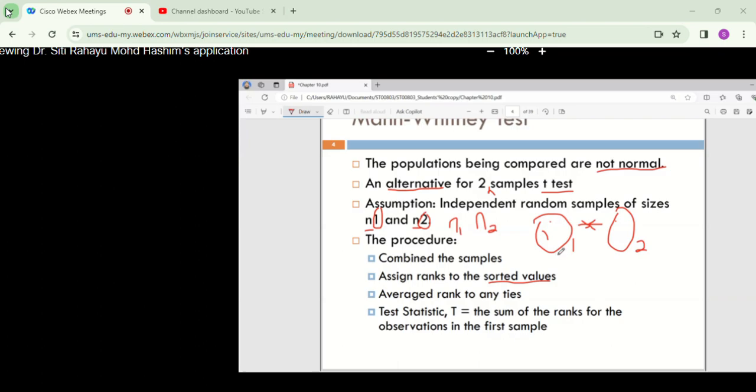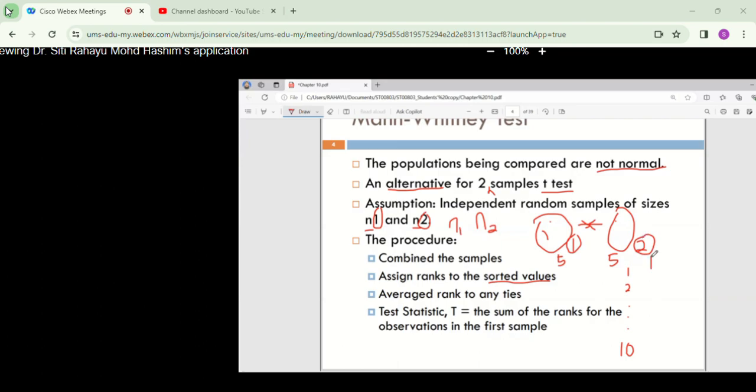Let's say this one has 5 observations, and this one also has 5 observations. When you arrange them, you have observations 1, 2 up to 10, because you combine them, regardless of whether they come from group 1 or group 2. And then you assign the ranking.